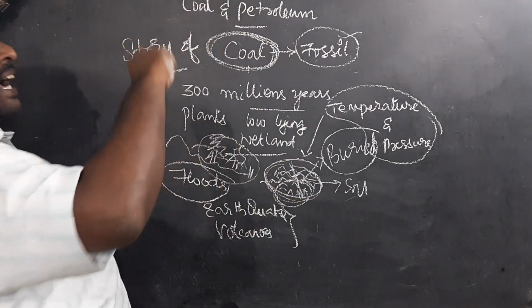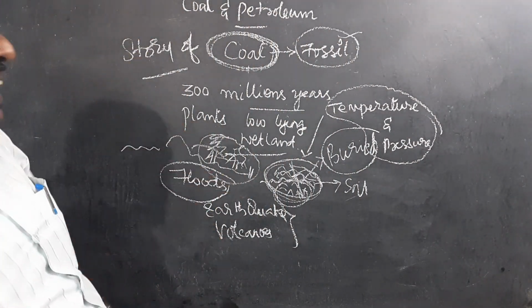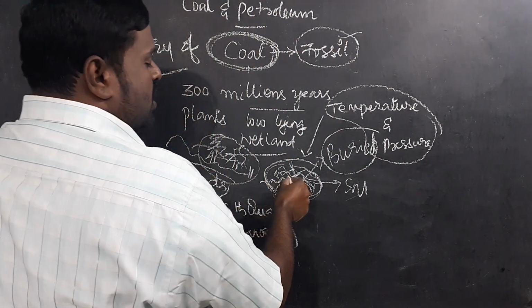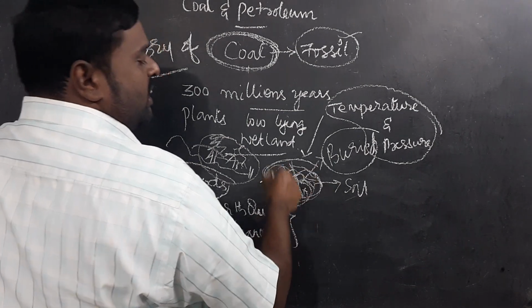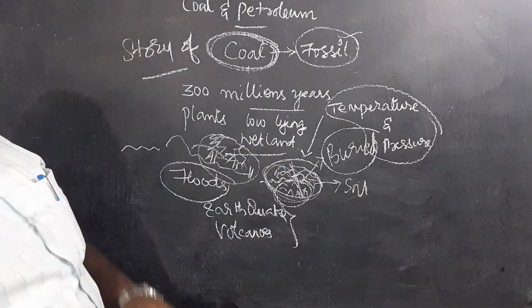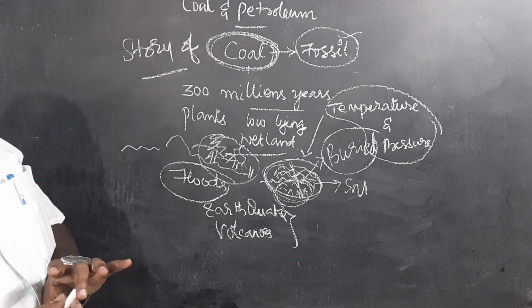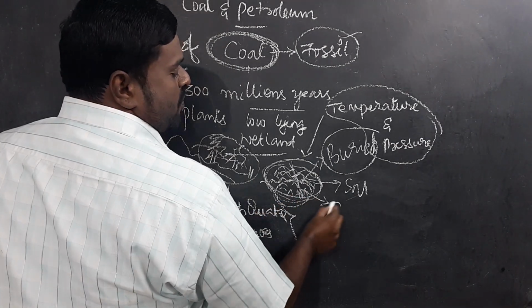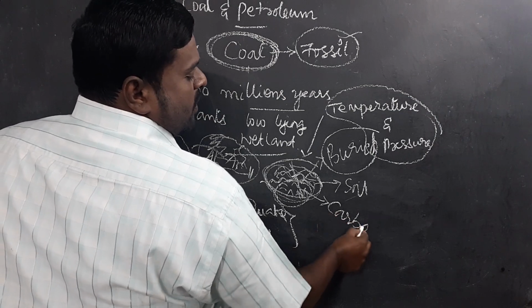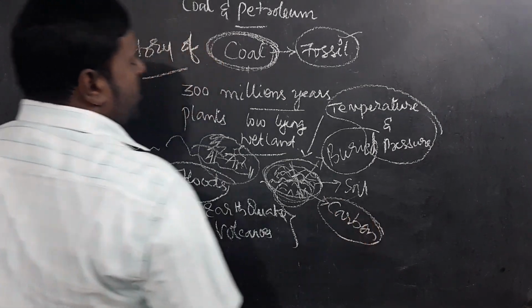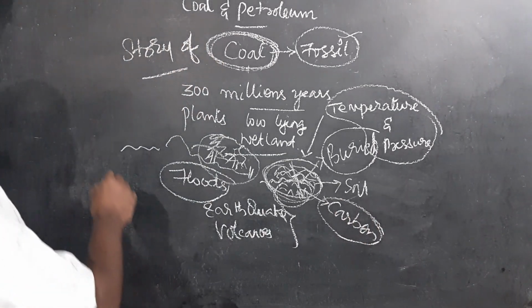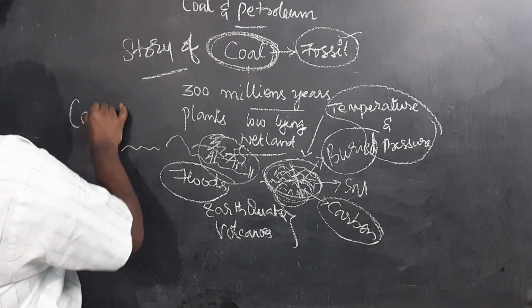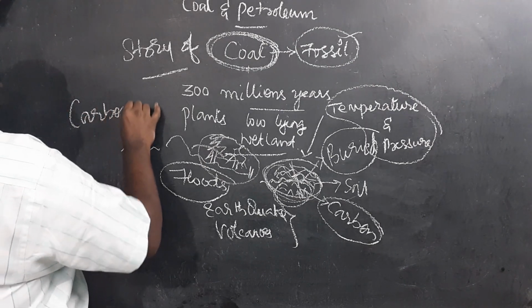Due to both high temperature and pressure, the remains of plants as well as trees are converted in the form of carbon. What we call this is carbonization.